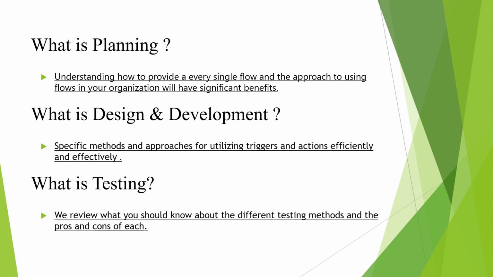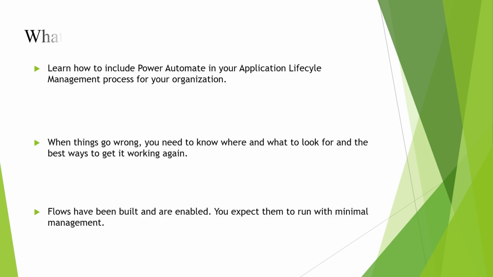Okay, so now what is deployment? We can deploy whatever we developed in the development space, that we are moving into the production phase. Okay, so there you can learn the Power Automate application life cycle, how your management processes are organized.